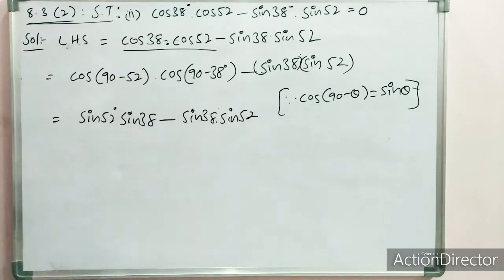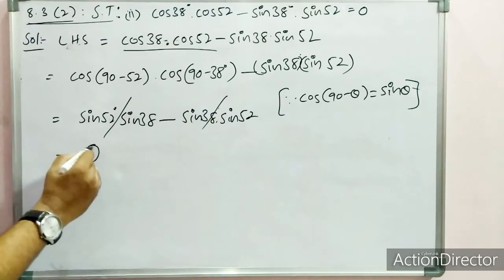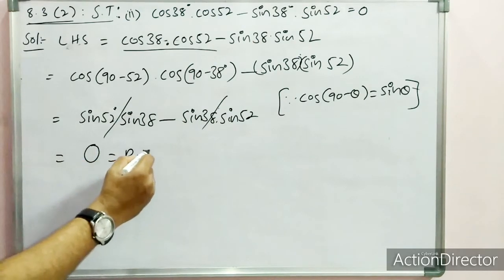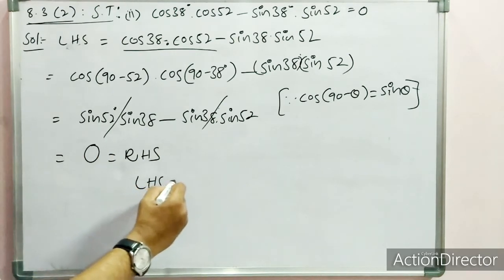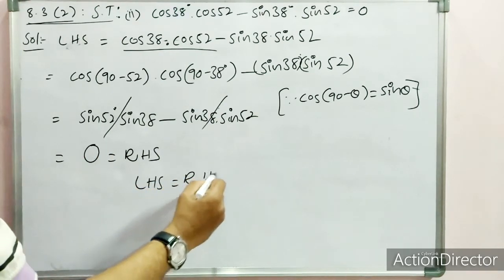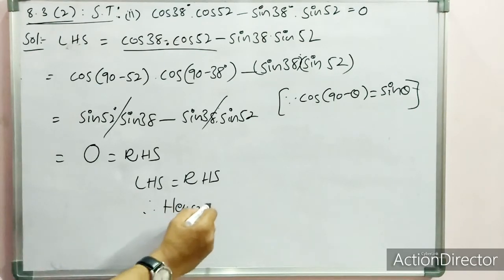You see these both are equal, 52 and 38, so they will cancel. The answer will become 0. So this is the RHS. Therefore finally I got LHS equal to RHS. Hence the given statement is proved.